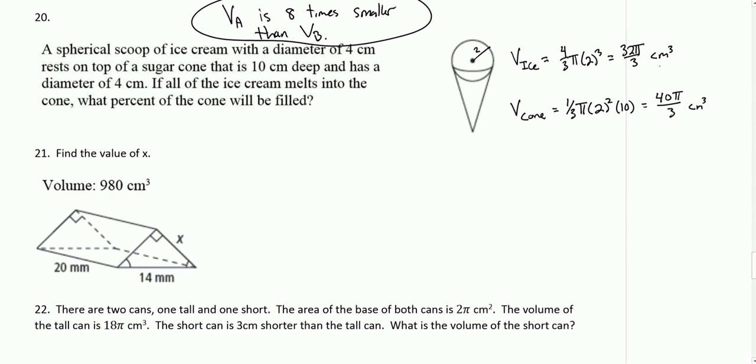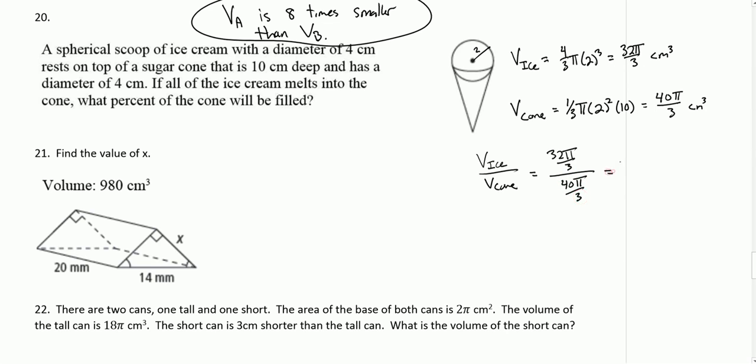So what percent of the cone will be filled? So in other words, what percent of the volume of ice cream is the volume of the cone? To get this, we're just going to go volume of ice cream divided by the volume of the cone, which is 32 pi over 3 over 40 pi over 3.